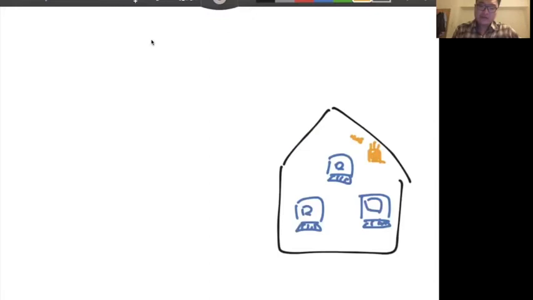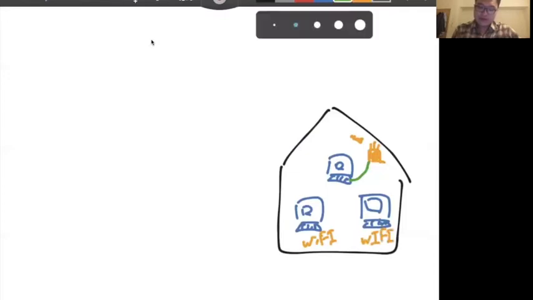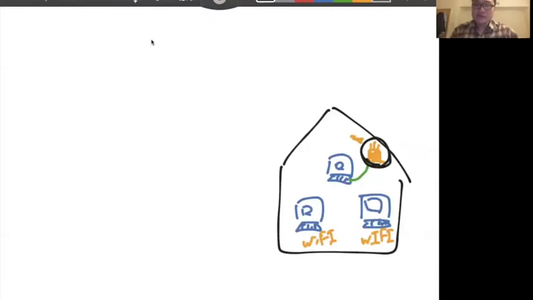In this case, you can use Ethernet to connect to this device. You can also use Wi-Fi to access it, right? This device is very important in this house. Actually, this is a kind of key to connect to the network.